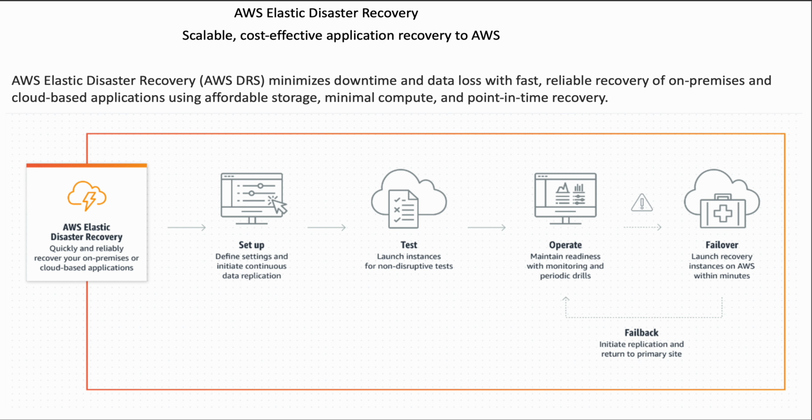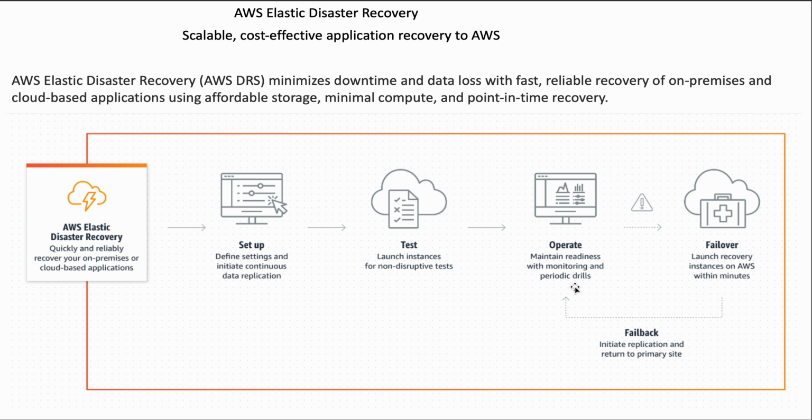That's the basic architectural flow AWS has provided, where with Elastic Disaster Recovery you can quickly and reliably recover your on-premises or cloud-based system. You have to set up, basically define, a backend replica for the data replication, which acts as a continuous environment. Then you launch a system, and you can initiate a drill to check whether it is working fine or not, or you can directly go for the recovery.